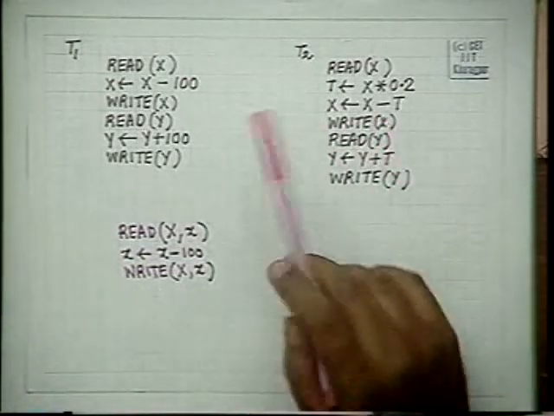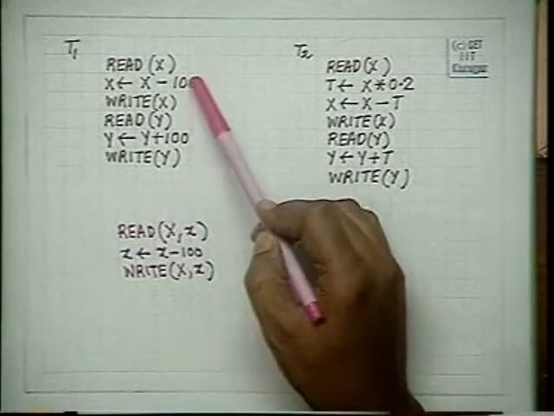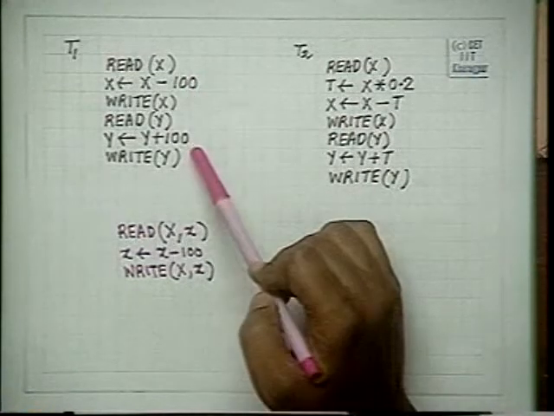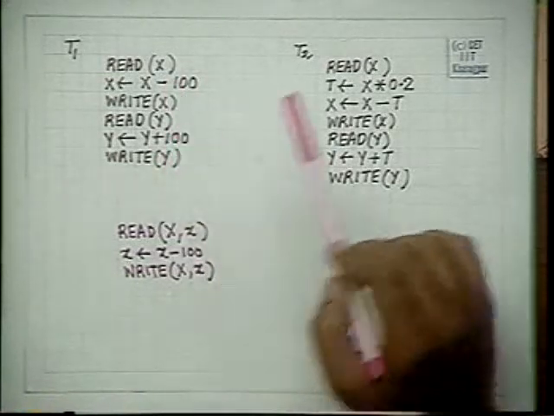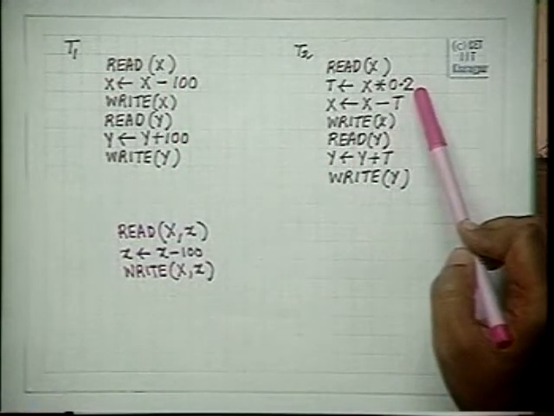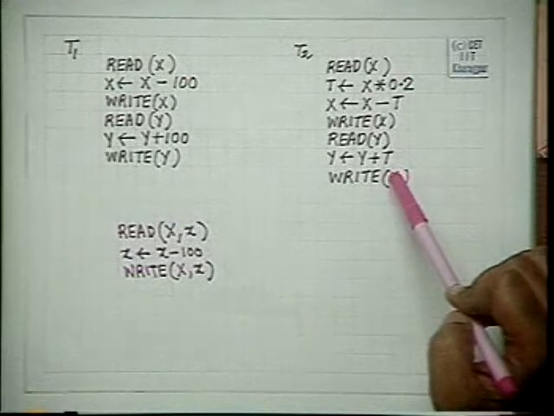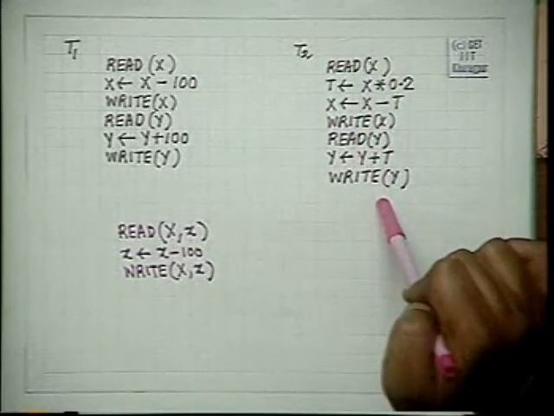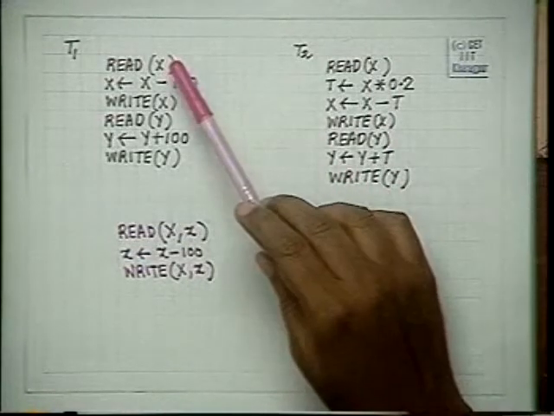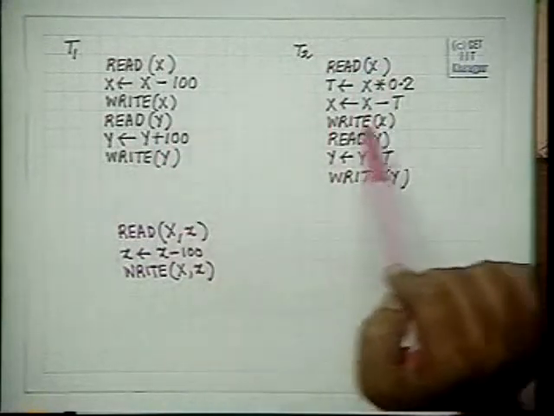So in terms of a bank transaction, this deducts 100 rupees and adds 100 rupees, that is, it does a transfer of 100 rupees from x to y, and this does a transfer of 20% of x to y. Now these are two transactions and they share two variables x and y.